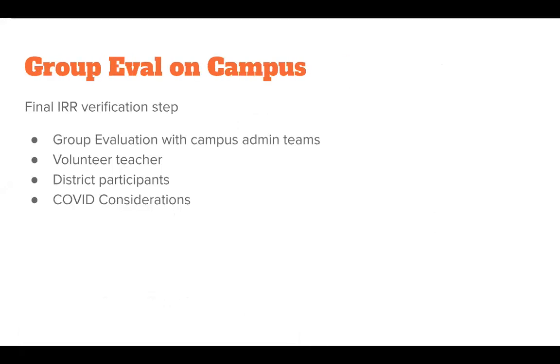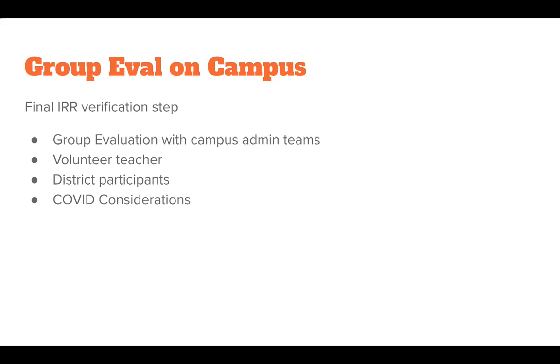And so that Google form just helped us pinpoint where we might need some additional support. And the last and final step we implemented for IRR, we're actually in the middle of this step now with our campuses. I've got 2 out of 9 campuses that have completed this process. We set up a group evaluation to be conducted on a campus. The group evaluation needed to be conducted with the entire campus admin team and a district participant, whether it was myself or someone else at the district level that does T-TESS, to help relieve the burden for some of the principals.